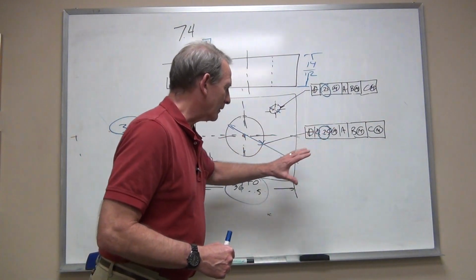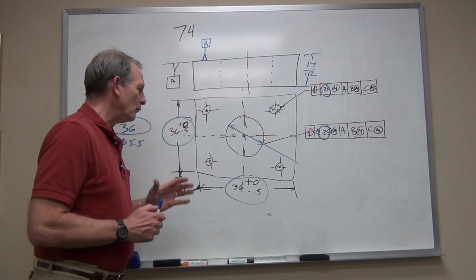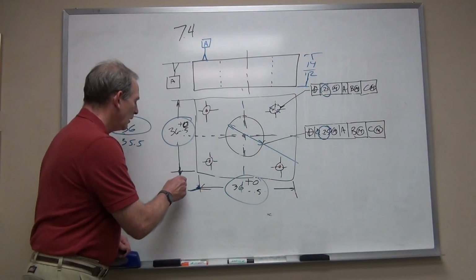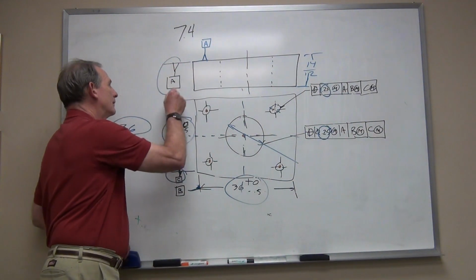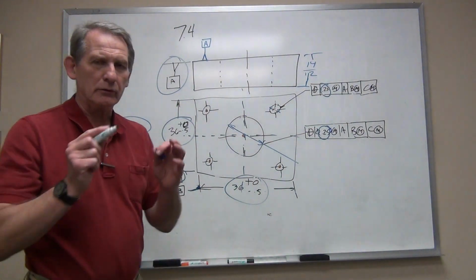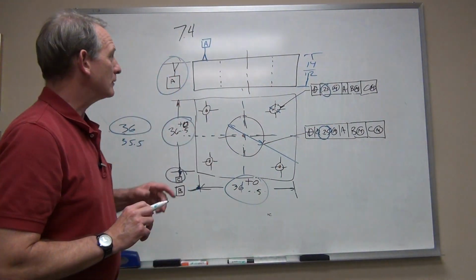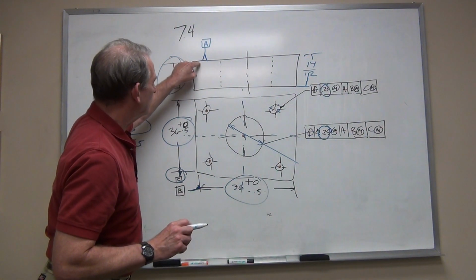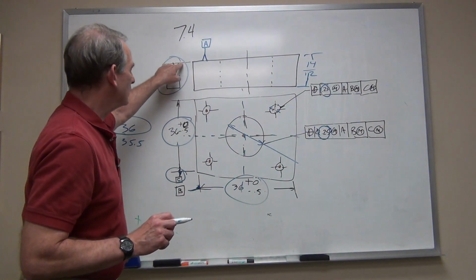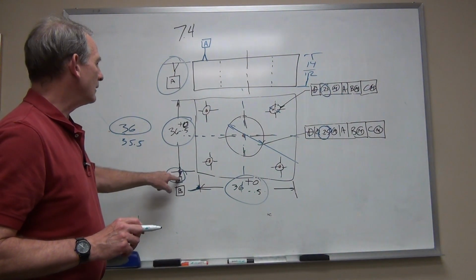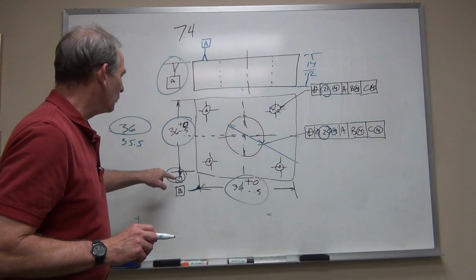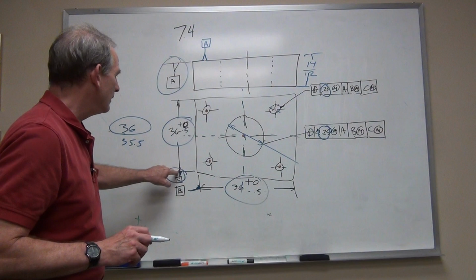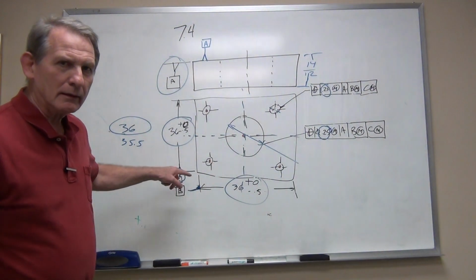That'll sink in. I think the important thing I really want you to pay attention to is how this datum block is attached. The critical distinction is, is it attached to the surface or to an extension of the surface, or is it associated with the dimension, either by being attached to the dimension line.